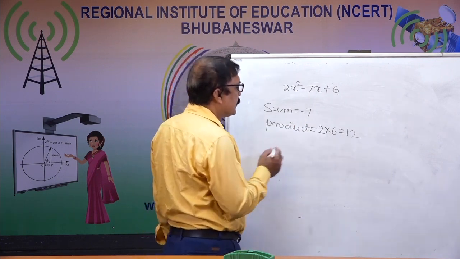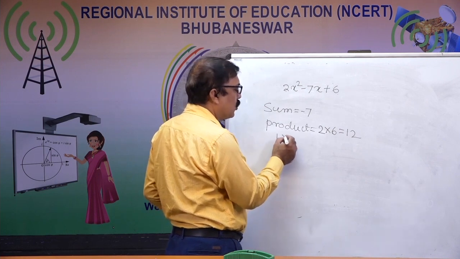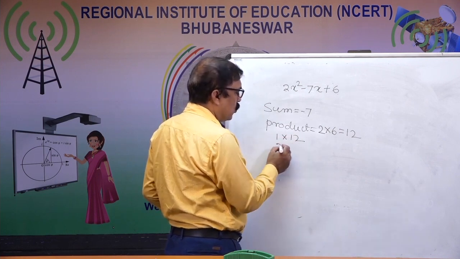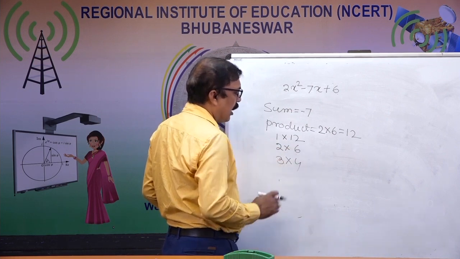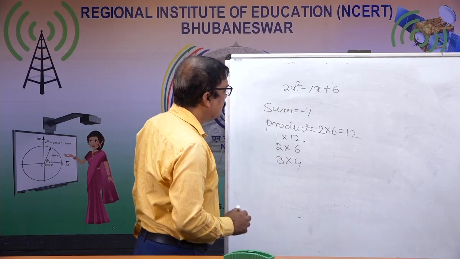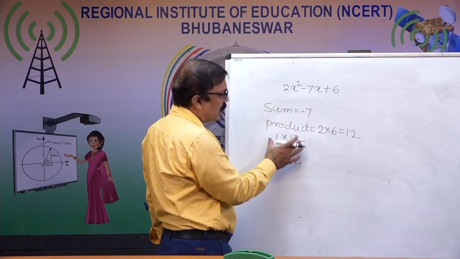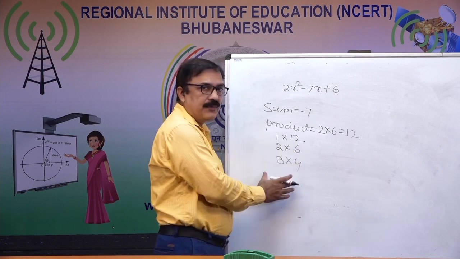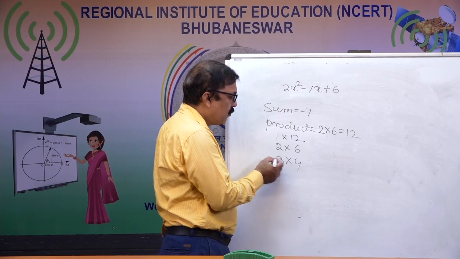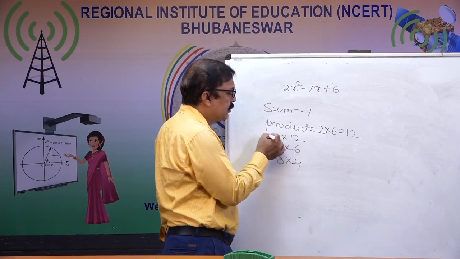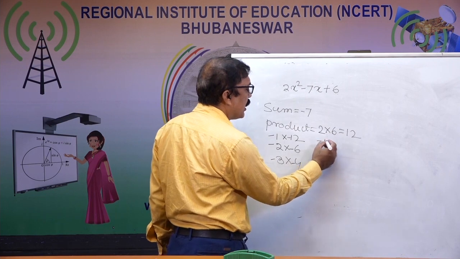How to do this? The products are 1 into 12, 2 into 6, 3 into 4, and their negatives. Here the sum is minus 7, so if we take all positives, no sum will be negative. So we have to take negatives. In this case, the sum is minus 13.